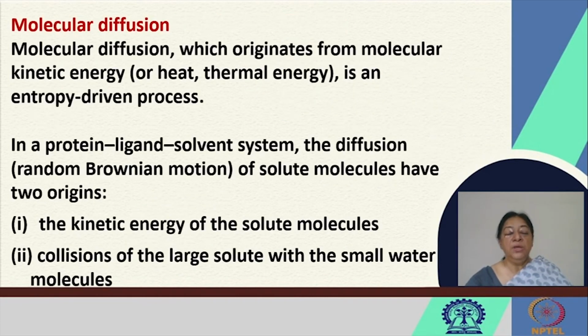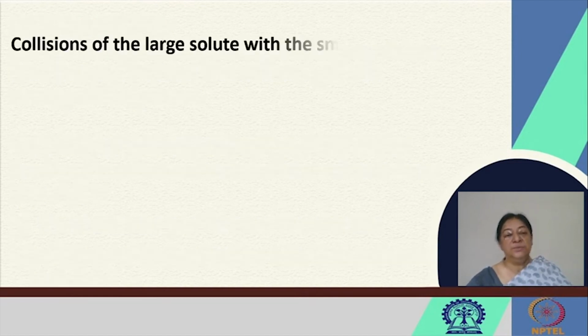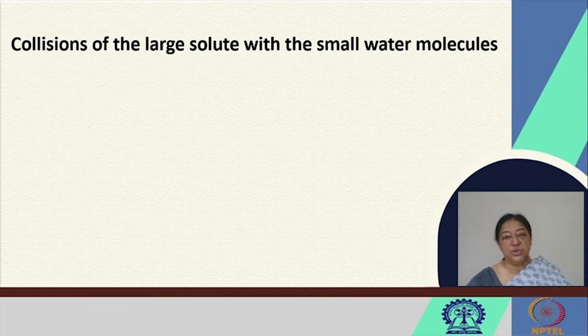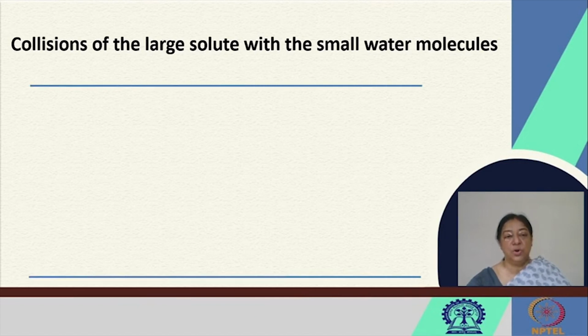In our understanding of molecular diffusion, when we look at a protein ligand solvent system, we have the diffusion of the molecules and the diffusion of the solvent molecules, and we looked at how this may occur. We want a fruitful collision for a specific interaction to occur, and in an enzyme substrate complex for a specific catalytic reaction to occur.